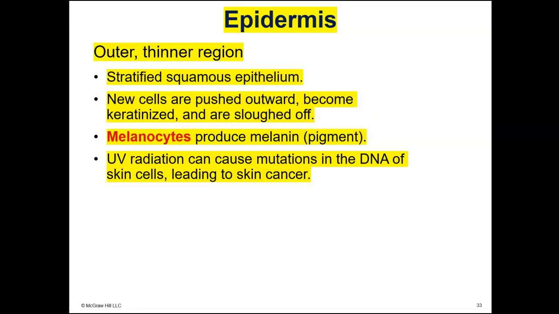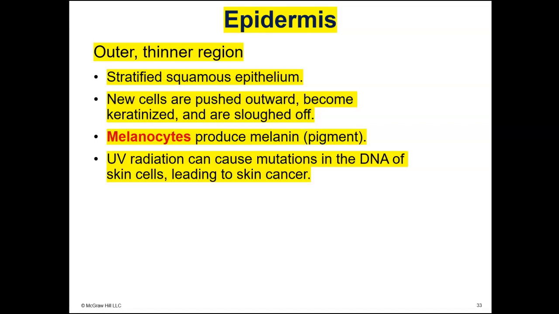The epidermis is composed of stratified squamous epithelial tissue. As you probably know, cells are formed from the bottom layer, and then they are pushed toward the outside surface of the skin, and as they move up toward the surface, they become keratinized, they die, and then we eventually lose them.